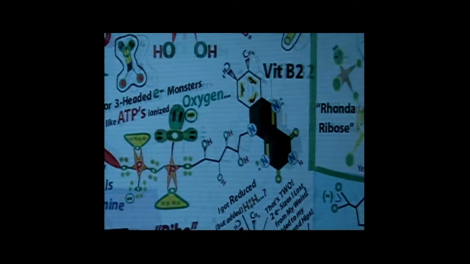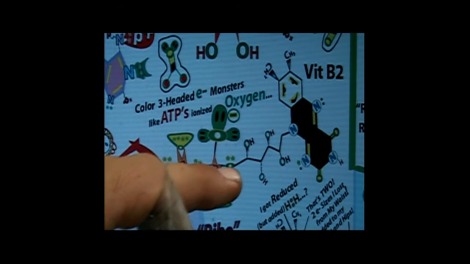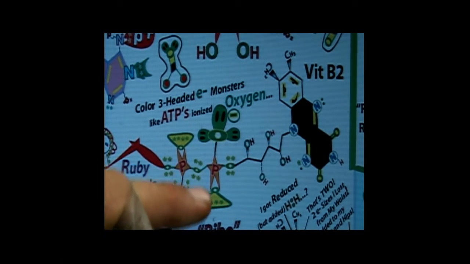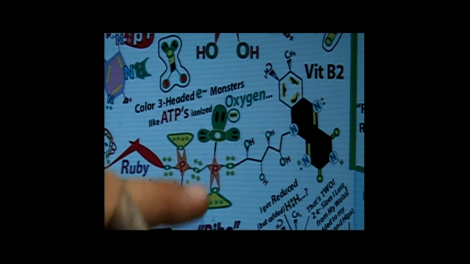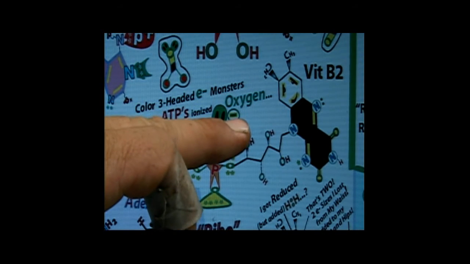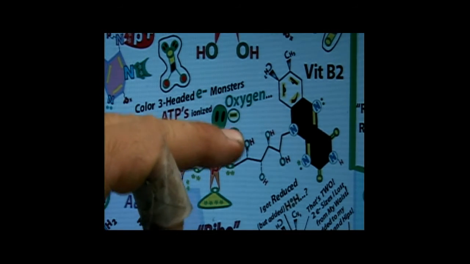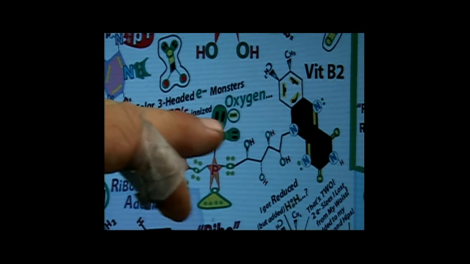Over here he is. Down the center, here it is. So see, when you get the phosphates here, you got O bound to a P, O bound to a P, and then another one. Double bound O gets 2 electron pairs out there. But this one, having the negative charge, means it's got the extra electron. You got 3 lone pairs on that oxygen. So I call that the 3-headed monster.